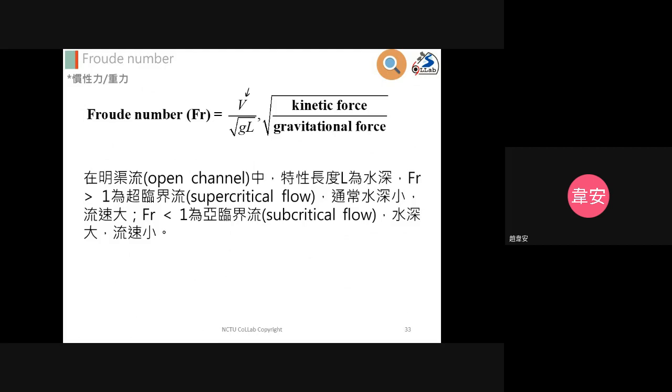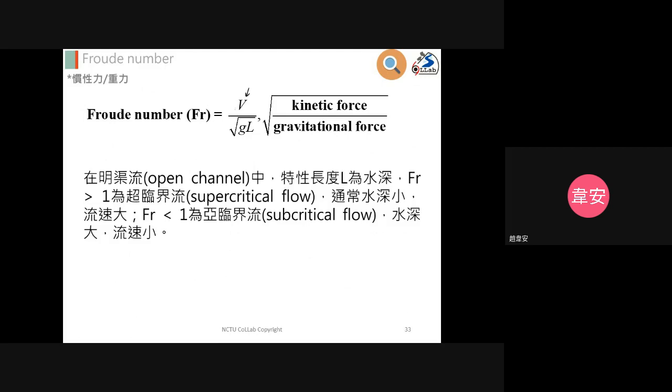If the length L indicates the water depth, the larger water depth will have a small Froude number, and the small water depth can have the higher Froude number.